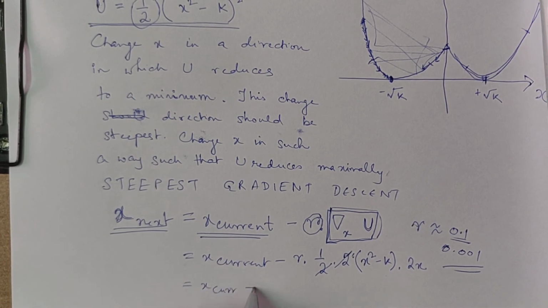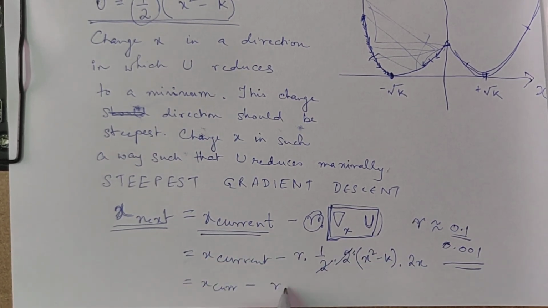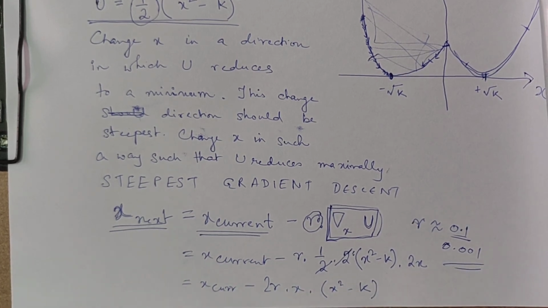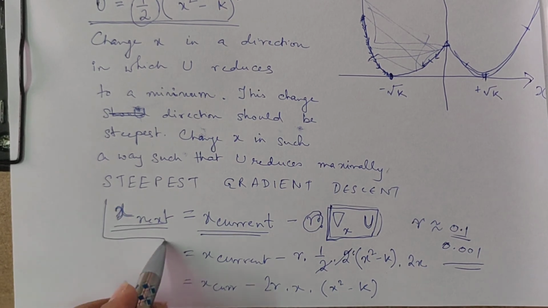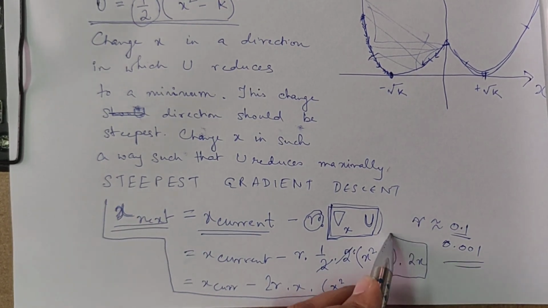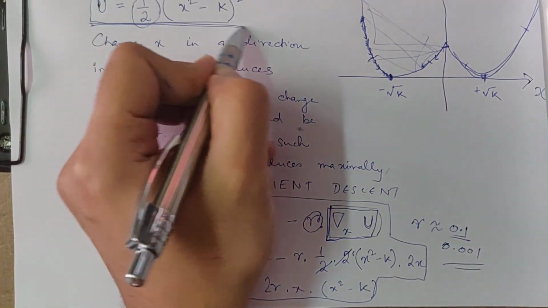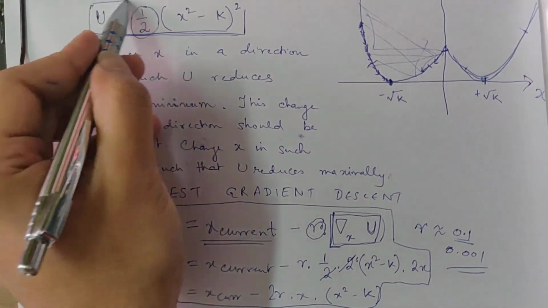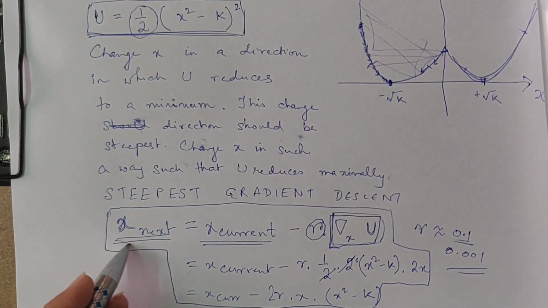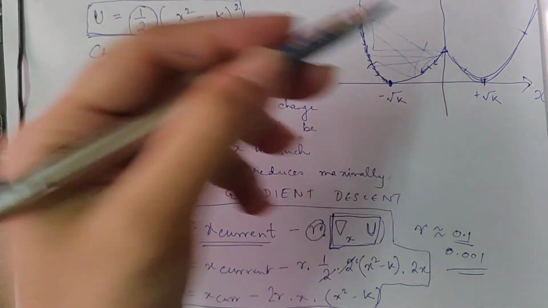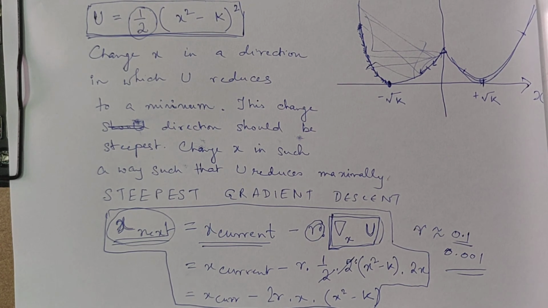So x current minus r into x into x squared minus k. If you do these operations iteratively, you will see that slowly your objective function, which you want to minimize, is getting reduced, and your x next is slowly converging to either plus root k or minus root k.